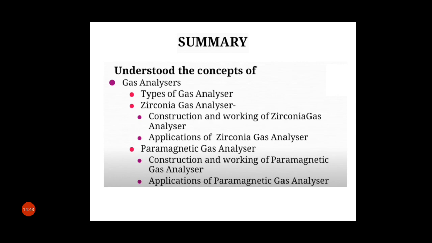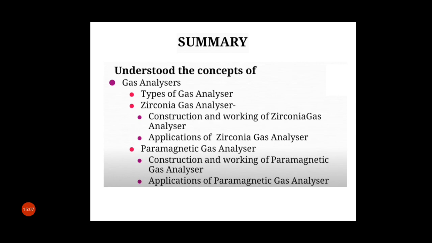And we have studied several types of gas analyzer, like the paramagnetic gas analyzer and the zirconium gas analyzer. There are several types of gas analyzer based upon the principle.